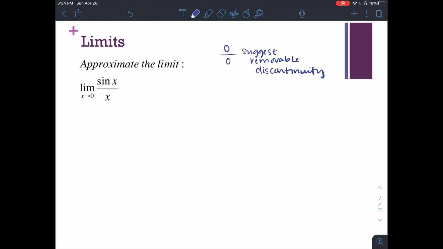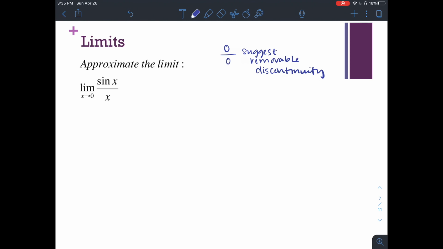But unlike the one we just did, there's no square root to do a conjugate. There's nothing really I can algebraically do, at least with what we know at this point in our mathematical careers. There's nothing that we can do to sort of simplify this.